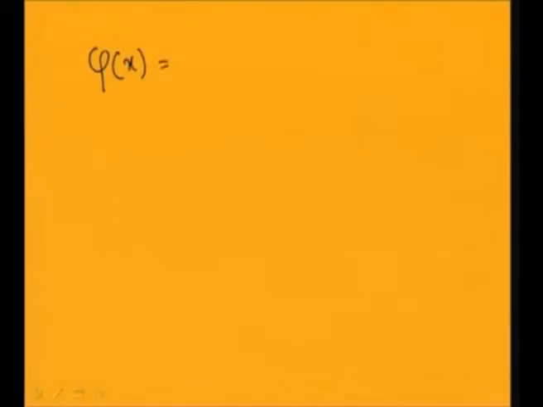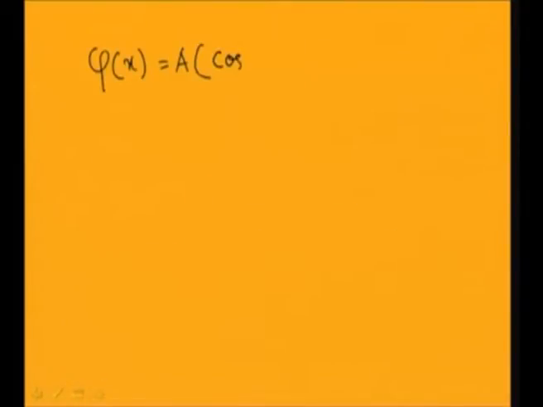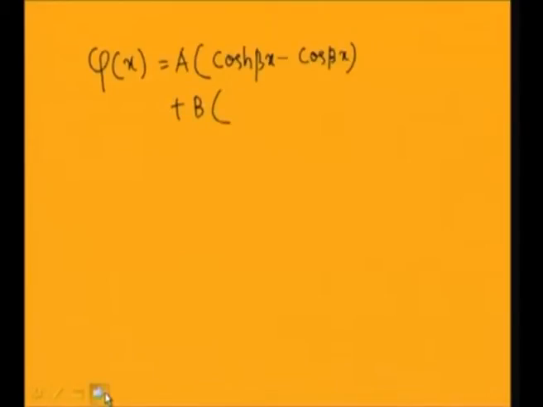Taking a common, this becomes cos hyperbolic beta x minus cos beta x, plus b into sin hyperbolic beta x minus sin beta x. So ψ(x) equals a times (cosh beta x minus cos beta x) plus b times (sinh beta x minus sin beta x).